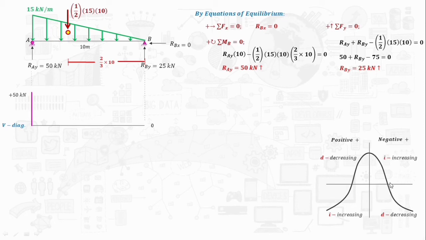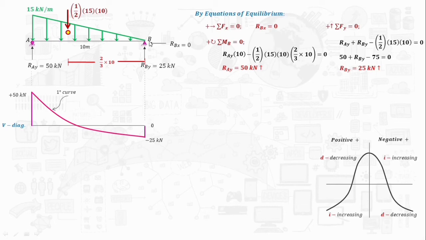So, this is negative 25 and meron tayong upward force na 25 kilonewton, or positive 25 kilonewton. So, mag-0 yung ating from negative 25, so 0. Ma-close na natin yung ating shear diagram.